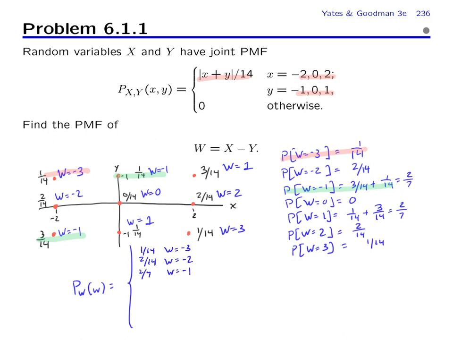And I suppose we could just repeat these. It's also 2/7 at w equals 1, 2/14 at w is -2, and 1/14 at w equals 3. And this -2 should be a +2. And of course, we should put in a 0 otherwise to finish the problem.